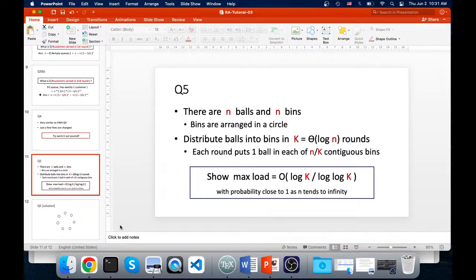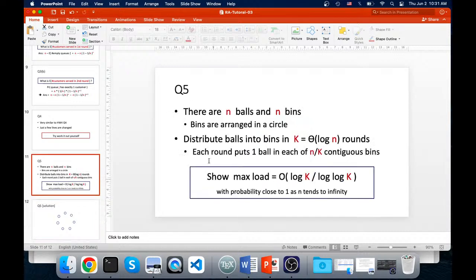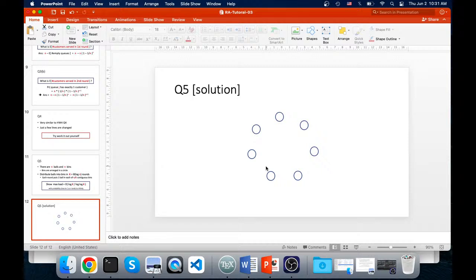In order for this one to have a maximum load of a certain value L, we will see that any of the bins here cannot have a value of 2L. If a bin in the original setting has maximum load of 2L, it will immediately create a scenario for this one to have some bin with greater than L loads.